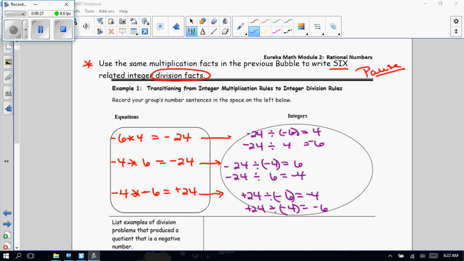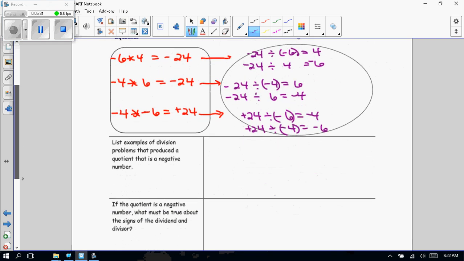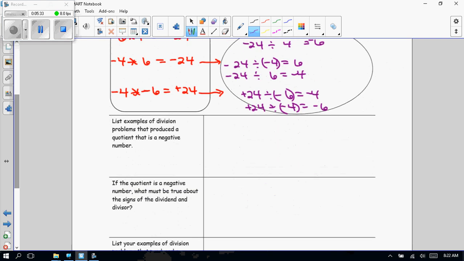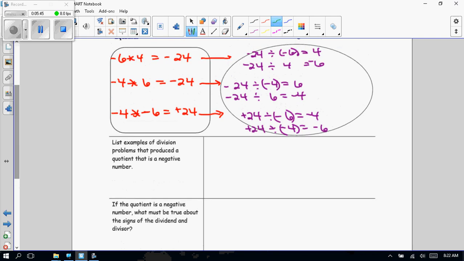All right, so we've looked at how these things all interrelate to each other, right? It says list examples of division that produce a quotient that is a negative number. So we're going to look at all the ones in which I got negative answers. Negative 24 divided by a positive 4 gave me a negative 6.